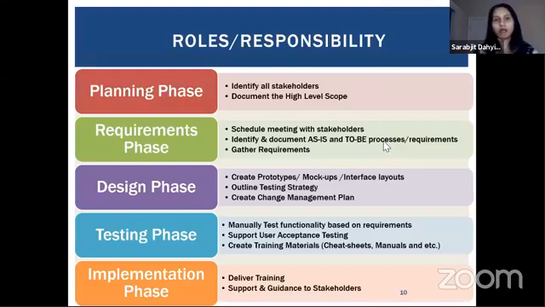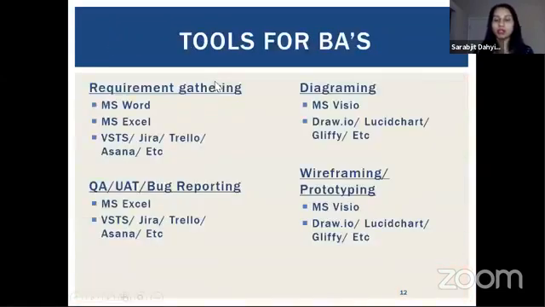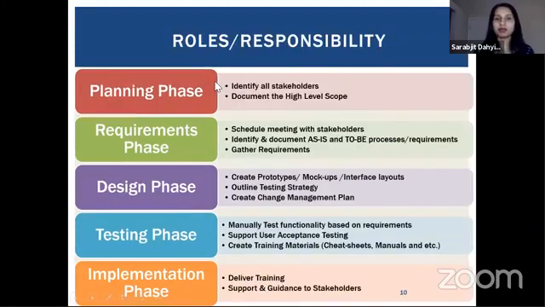So with that, roles and responsibilities of a business analyst, there are different things that you'll be doing based on where you are in your project. So let's say, for example, you're in the planning phase, what you'll be doing is identifying your stakeholders. Typically, when you start a project, you'll be given a list of departments or list of stakeholders.